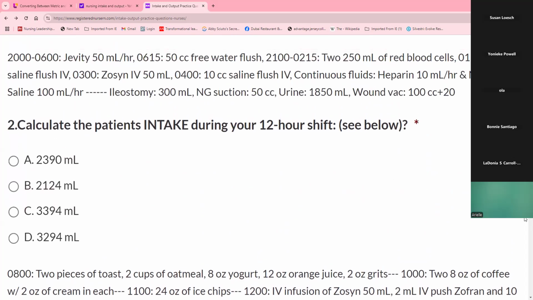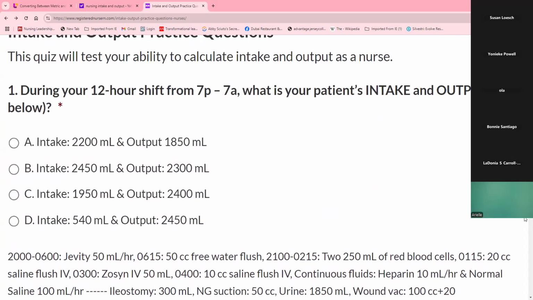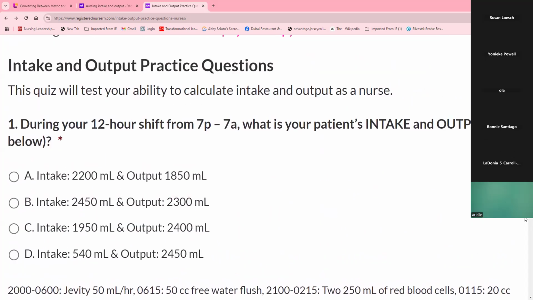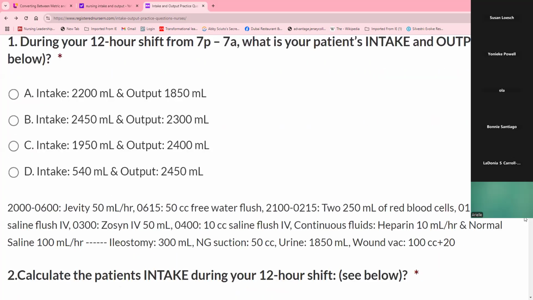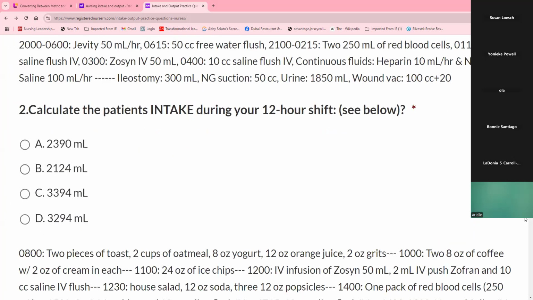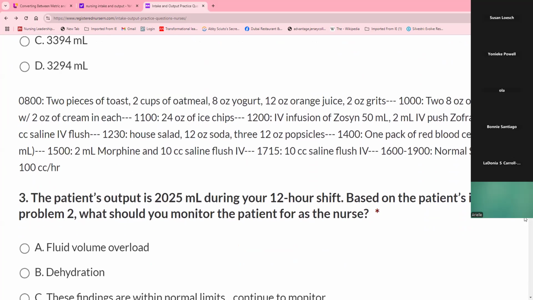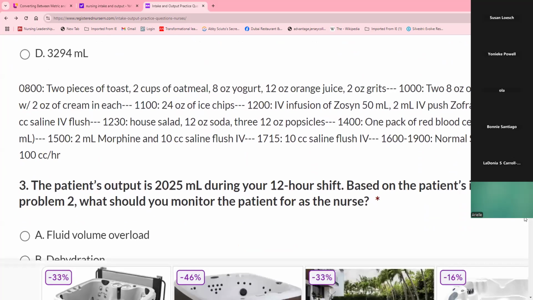All right, and let's see what this says up here at the top. So we're calculating the 12-hour shift from 7A to 7P. Now let's go back down here. This started at 8 a.m. and our last time is 1900, which is 7P. So everything in here that we just wrote down is going to be part of this equation.